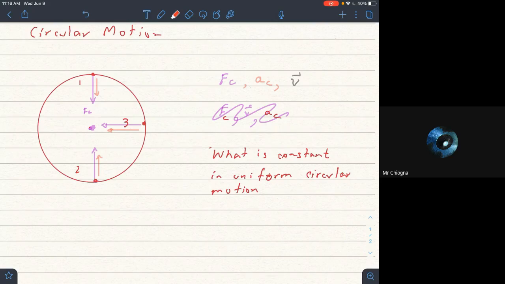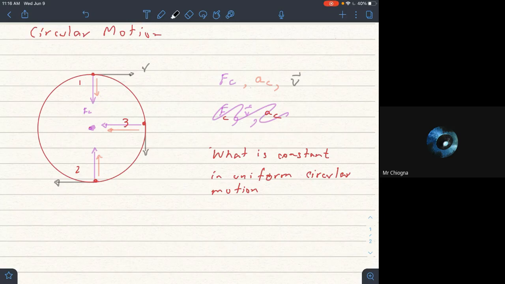Okay, V is always perpendicular to the force. Notice how I'm drawing these arrows. All the black arrows equal length. That's V. It says constant speed.